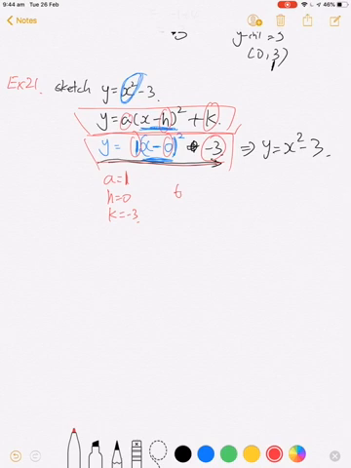So now we know the turning point will be (0, -3), because that's my h, that's my k. Okay, and then put them on the graph. (0, -3), 1, 2, 3. Okay, so now we know that's my turning point, and your a is equal to 1, which is positive.